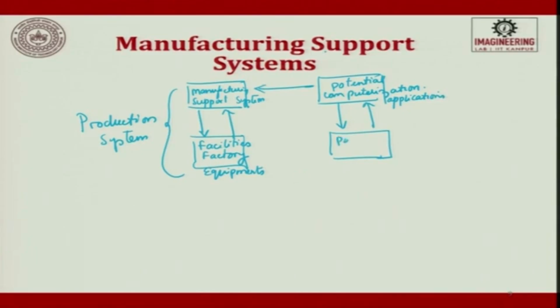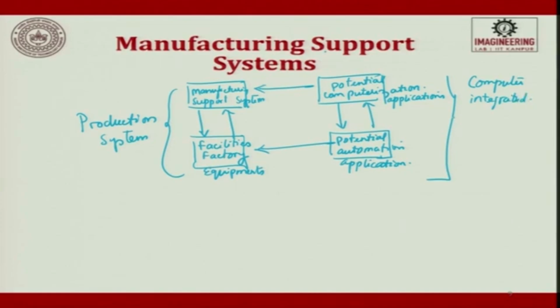Then you will have potential automation applications. So, this part is called computer integrated manufacturing. Okay. So, production systems are these two.